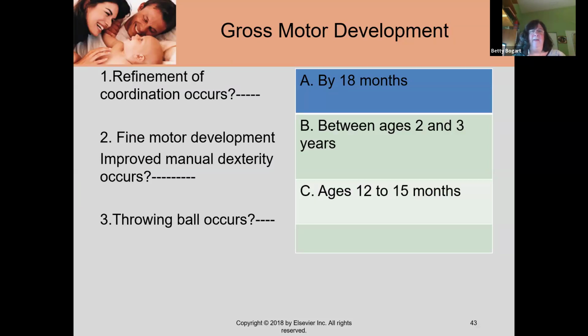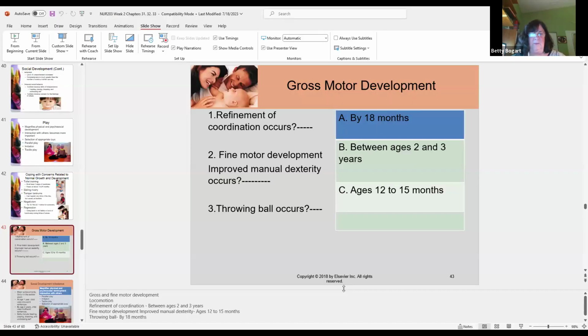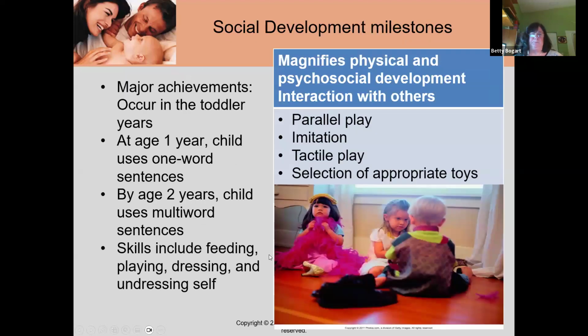So these are some things that go on. We know that refinement of coordination, and we can go right here on the bottom and look at it, is 2 to 3 years old. That means the waddle will go to that normal stepping, right? The fine motors, we get up to blocks of two by about 12 months old, but it could be slightly more than that. And by 18 months they're picking up that ball and whacking me alongside my head, and Christian did it more than once.